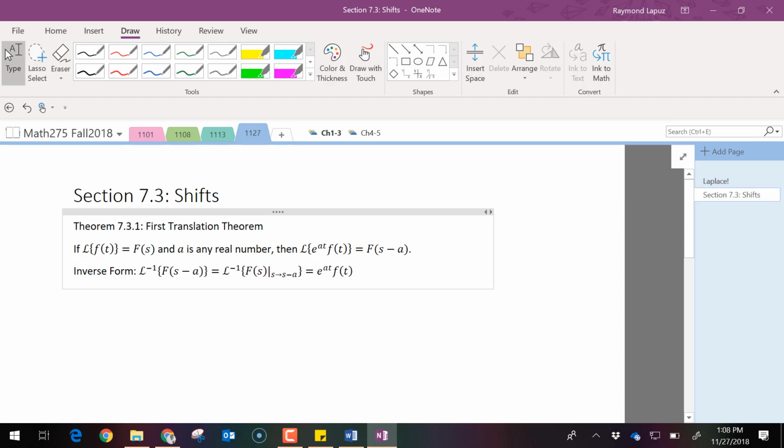And the first one, they call it the first translation theorem. So there must be a second one.